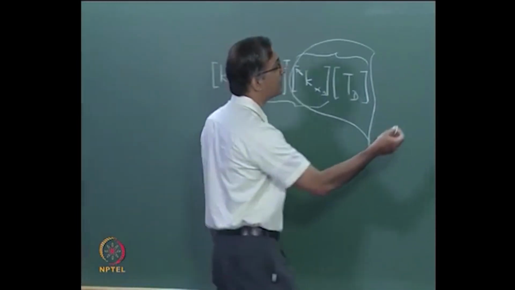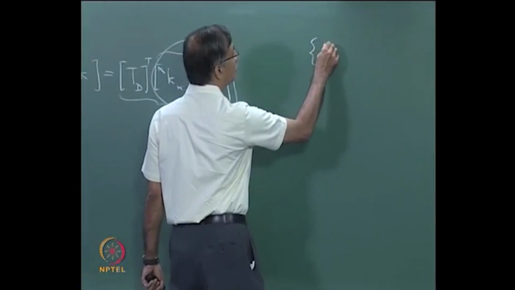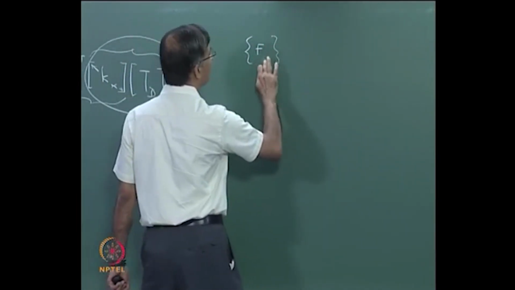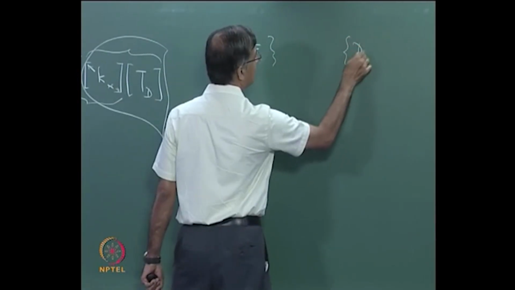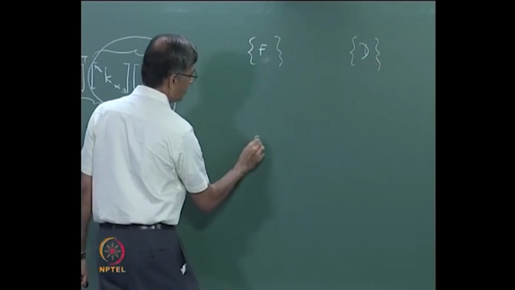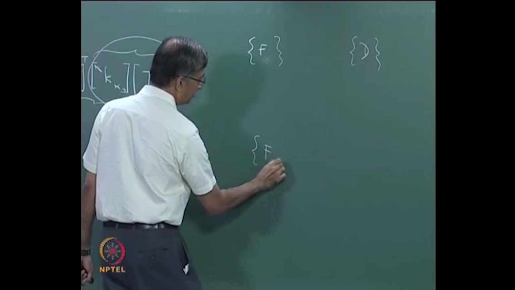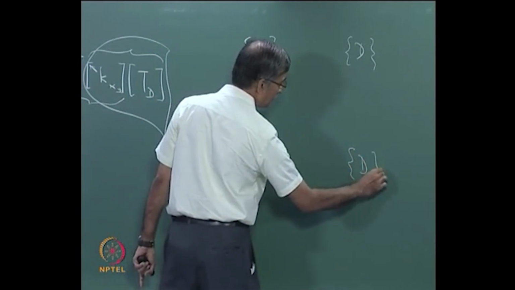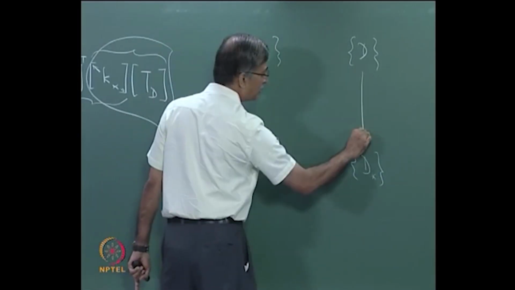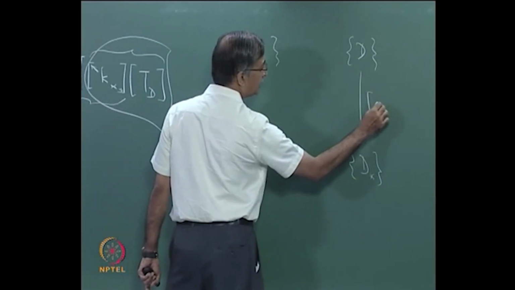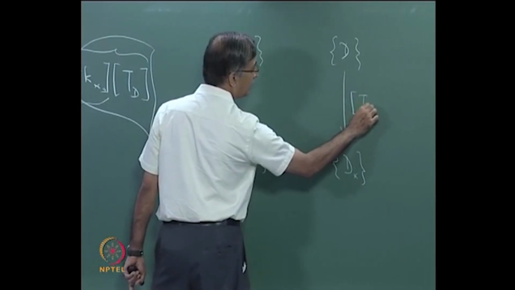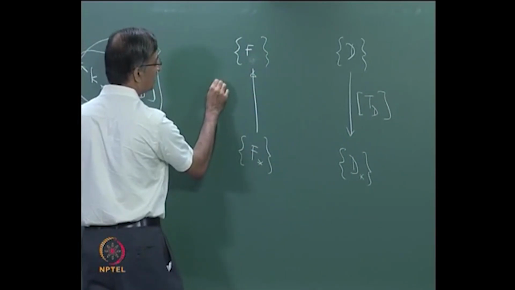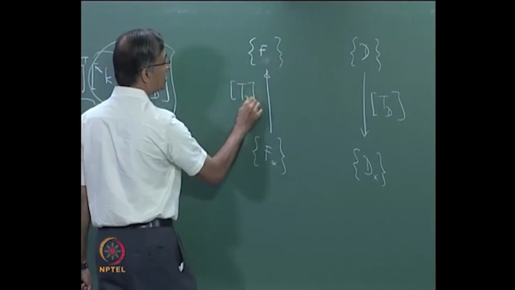How does it happen? Well, if you look at the big picture, you have the structure, you have F star, you have F and you have D, and you have got F star and you have got D star. This transformation is given by what matrix? TD. What is this principle called?